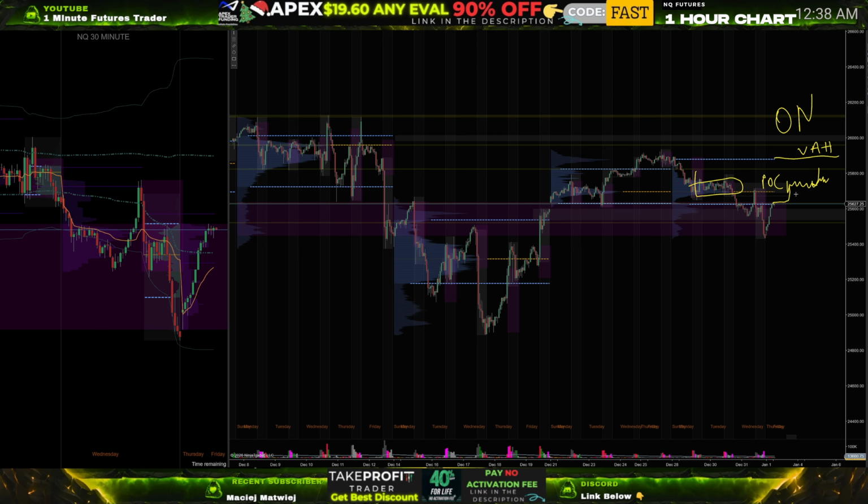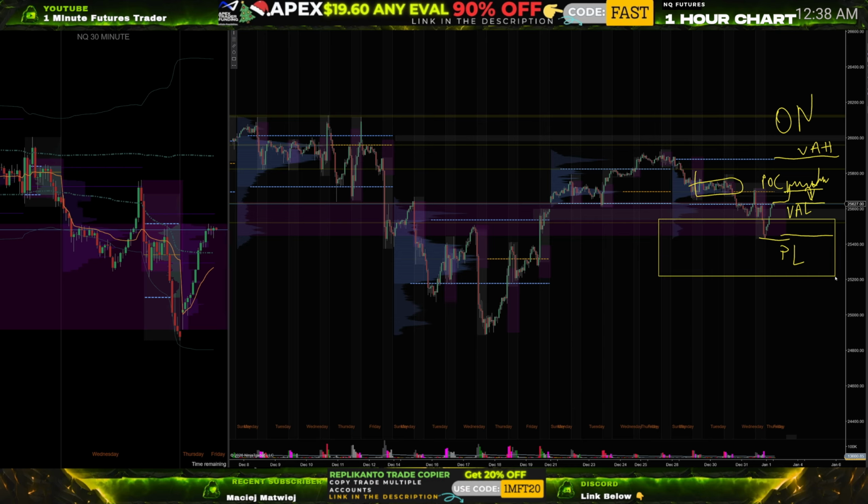But if you see a rejection from here at the end of the overnight session, then next is going to be the value area low again, and then the prior low. If they do this test here, then we are back in the third week value area again.